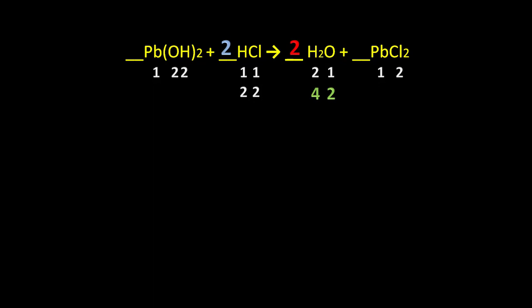So let's count the total number of hydrogens on both sides. Here we have 2 hydrogens and here we have 2. So the overall hydrogen atoms is 4 hydrogens. Alright, and here we have 4 hydrogens, which is balanced. Here we have 2 chlorine and we have 2 chlorine. Here we have 1 Pb and we have 1 Pb. So this equation is balanced.